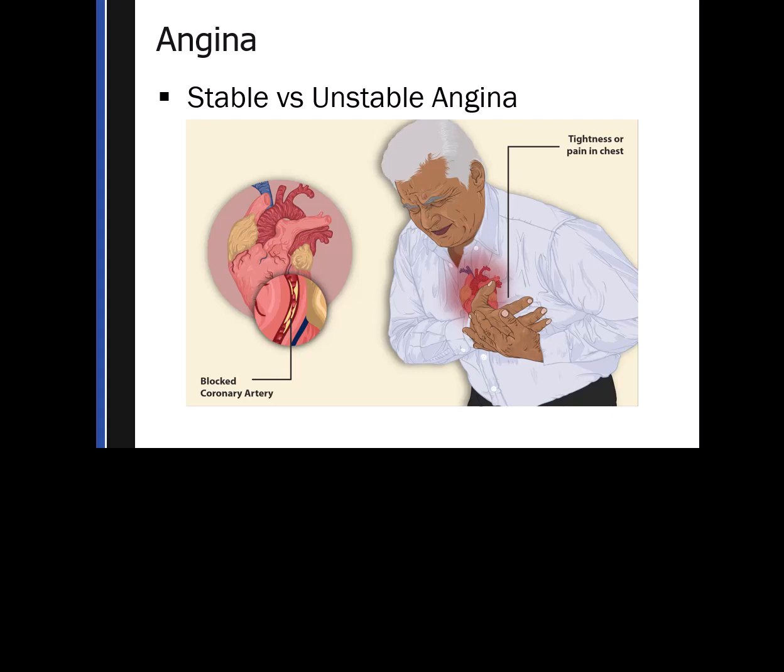So I pop in a nitroglycerin, I wait 5 minutes or so, pain has gone away, and now I can go on about my day. So if the onset or the treatment result is predictable by the patient, it's stable. It's not progressing.